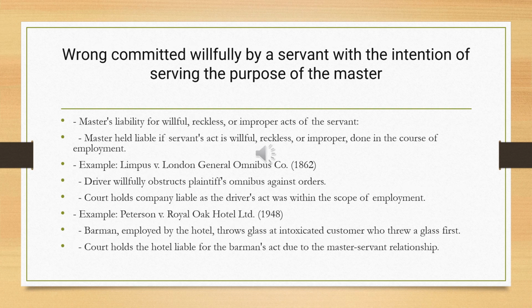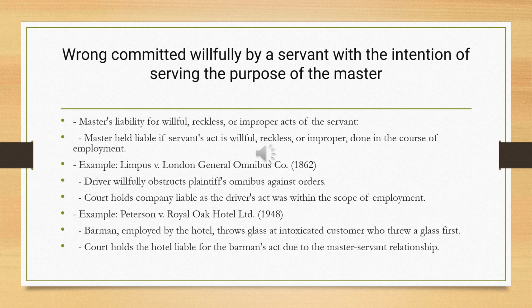Next, coming to wrong committed willfully by a servant with the intention of serving the purpose of the master. If a servant acts willfully, recklessly, or improperly, then the master will be held liable for any wrong arising out of such an act, if such an act is done in the course of the employment.